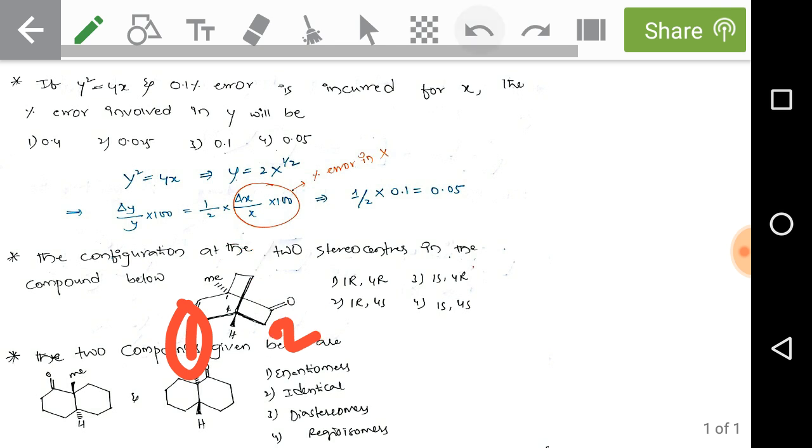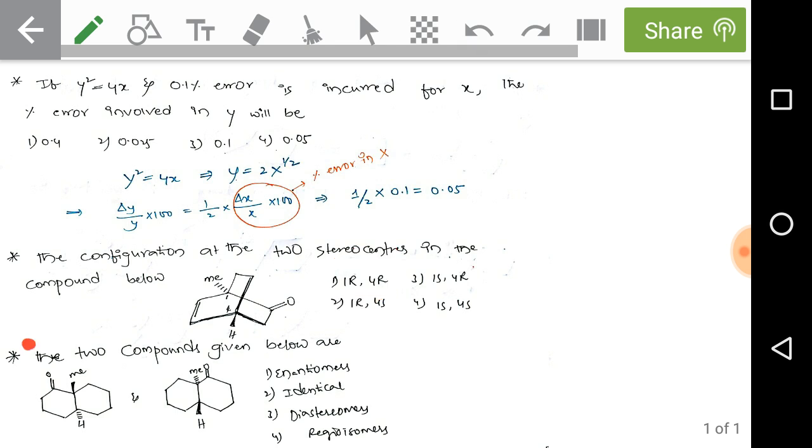The priority direction is anti-clockwise, just like this. But the fourth priority hydrogen is above the plane. So we need to take the opposite configuration to the direction, because the least priority atom is above the plane. So it should be R. Now just give 1R, 4R. So the first option is the correct answer.